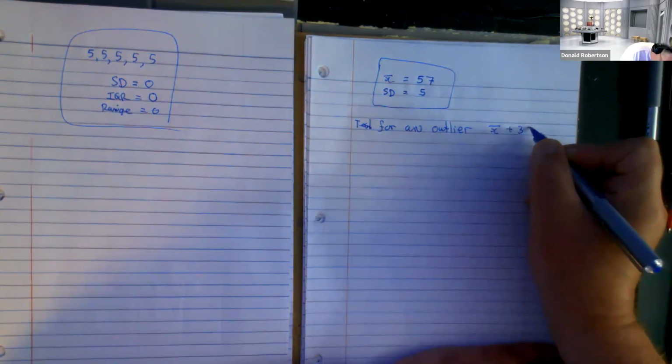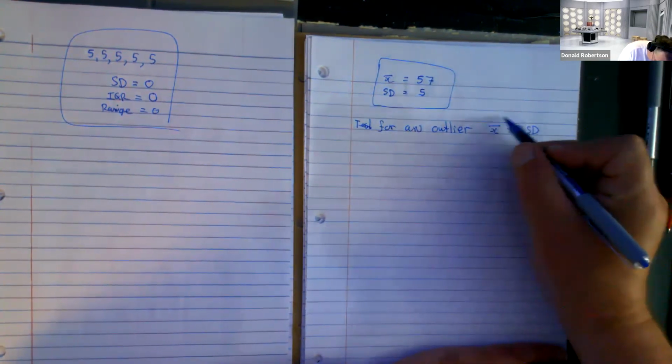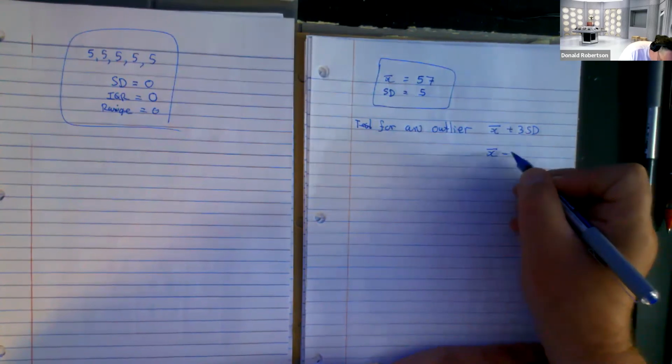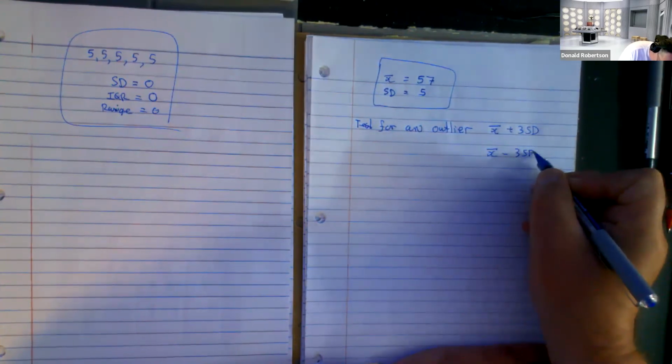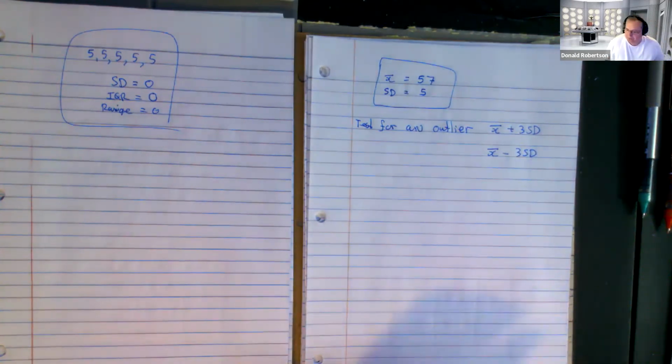It's the mean plus 3 standard deviations. And if it's bigger than that, it's an outlier. Or if it's the mean, take away 3 standard deviations, and it's less than that, it's an outlier.